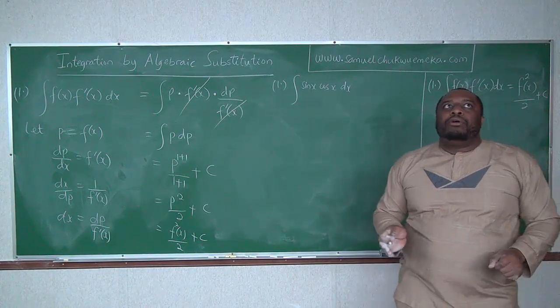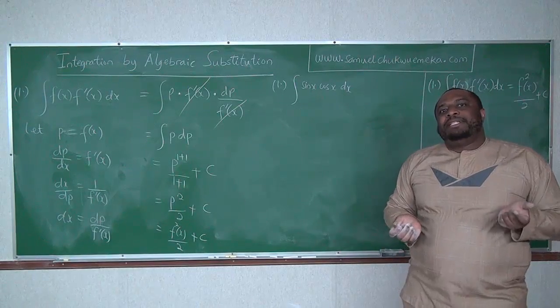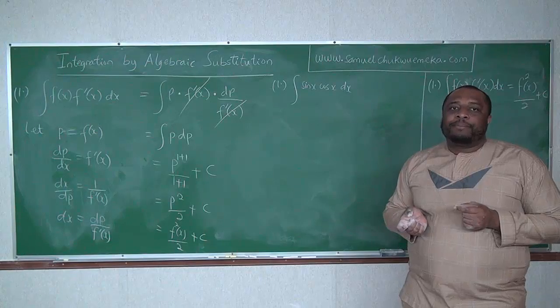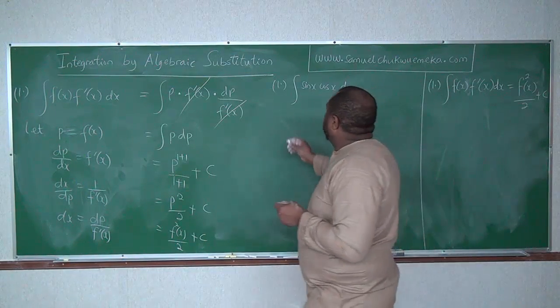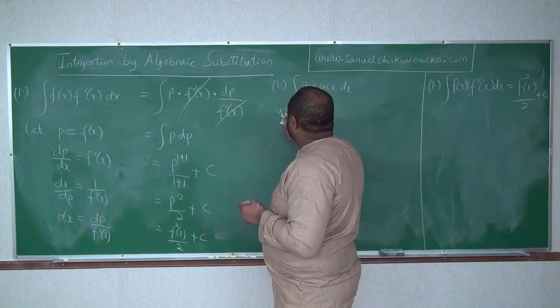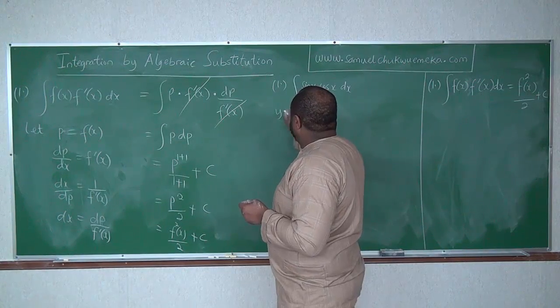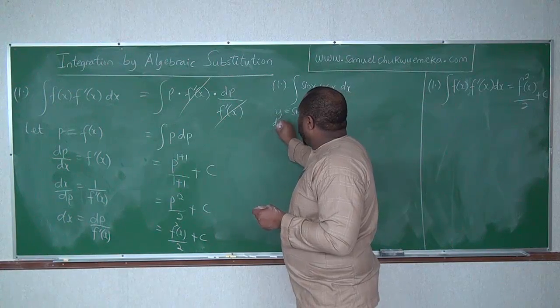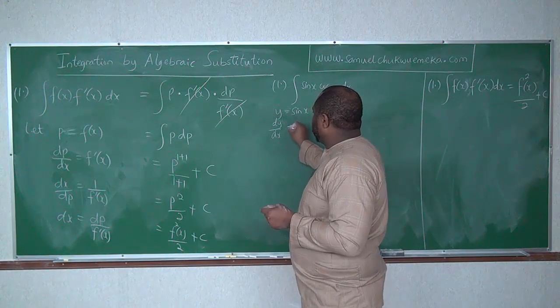Now we know that the derivative of sine x is cos x. We know that if y is equal to sine x, then dy/dx is cos x.